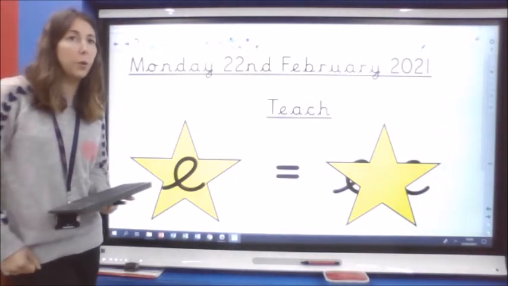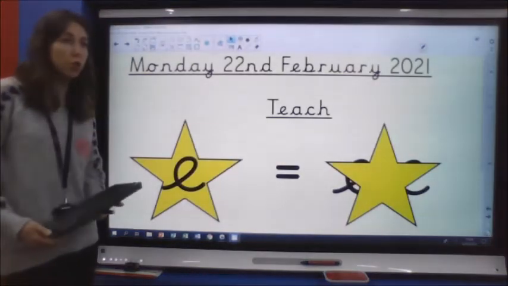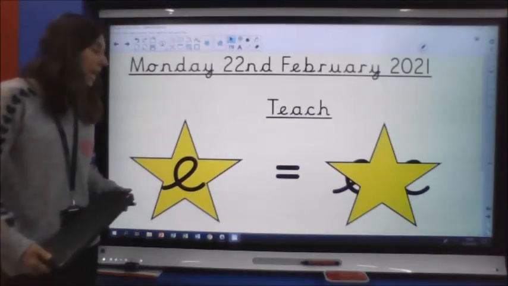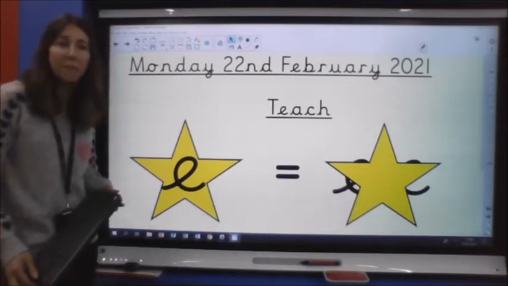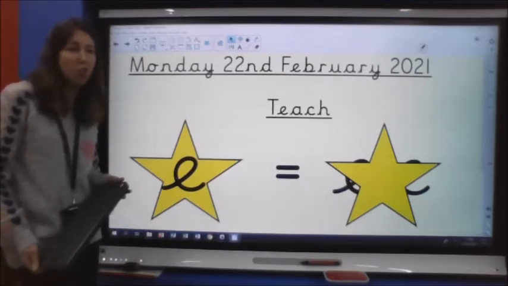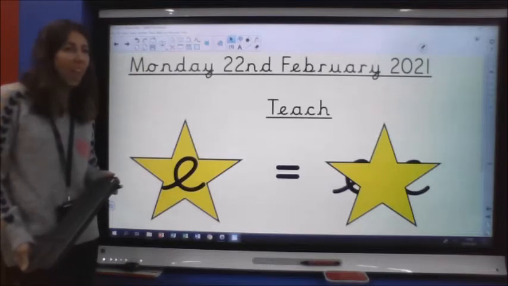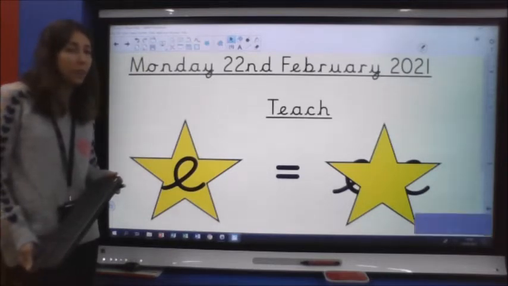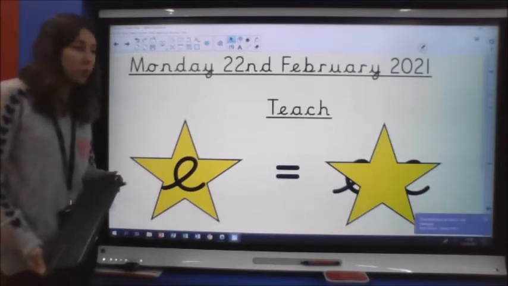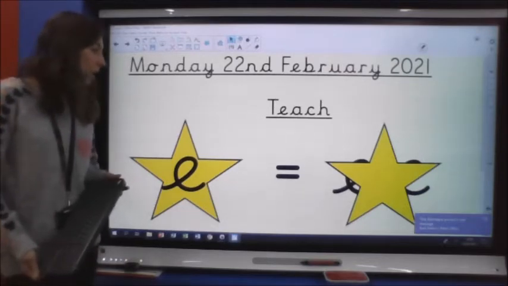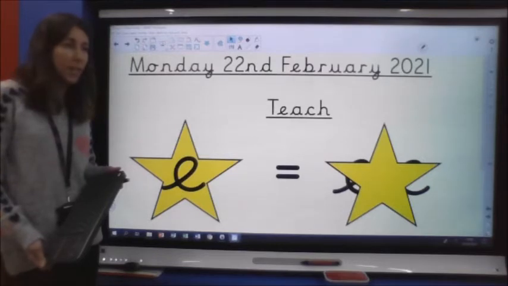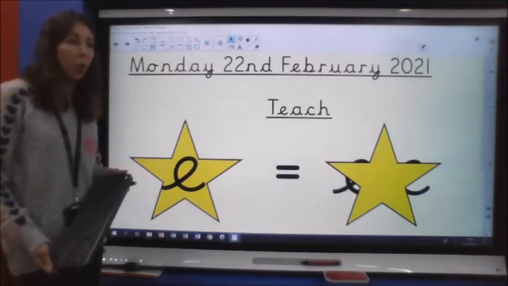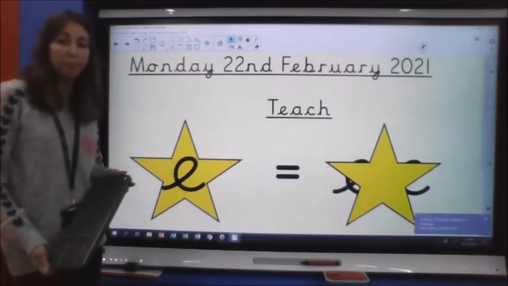Can you think of a word with a short vowel sound with the E making a short E sound at the beginning? Which words have an E making an E sound at the start? Let's think. Egg. Did you say egg? Could have done. What about letter E making a short E sound in the middle of a word? Ooh, let's think, like in the word bed or shed.